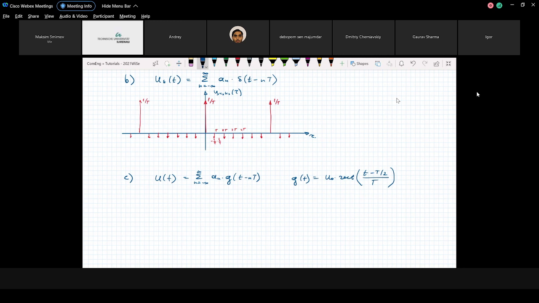So what do we need to find this autocorrelation function? What are the steps to make this last result? Our goal is to find the autocorrelation function of u of tau.